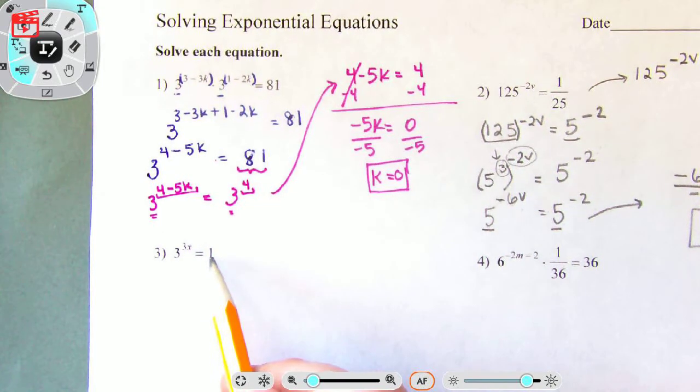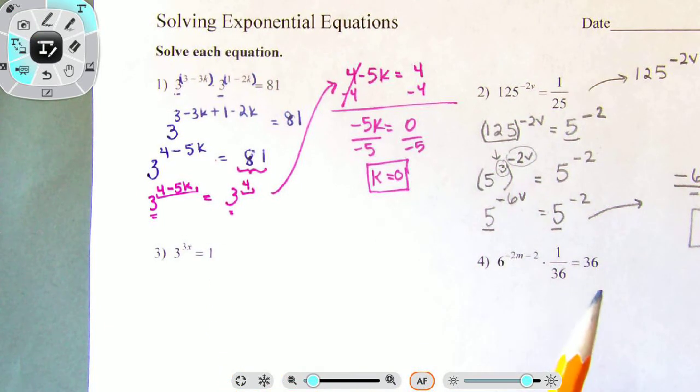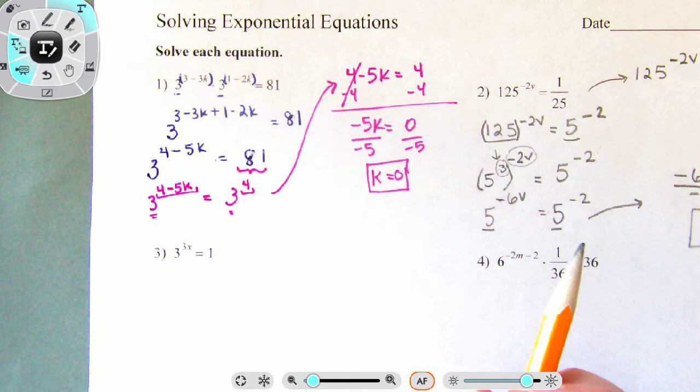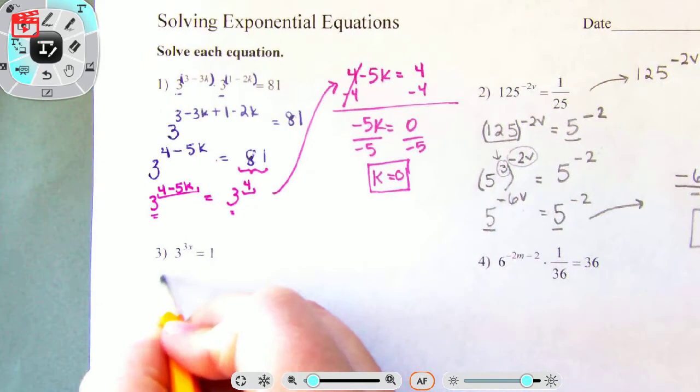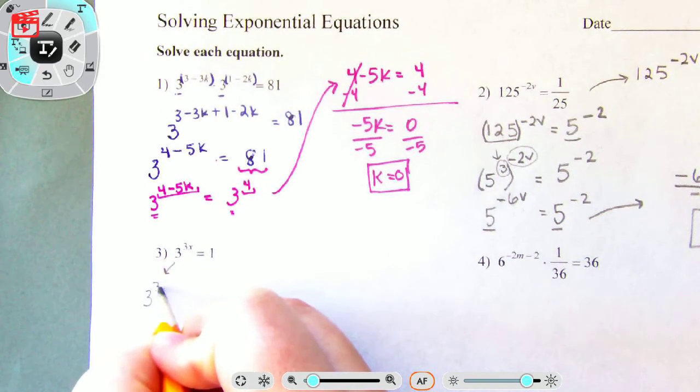When it's equal to 1 like this, there's no way for us to change this base. I take that back. Let's change the base. There is a way. So let's rewrite this. You don't have to do it this way. I'll show you the other step.